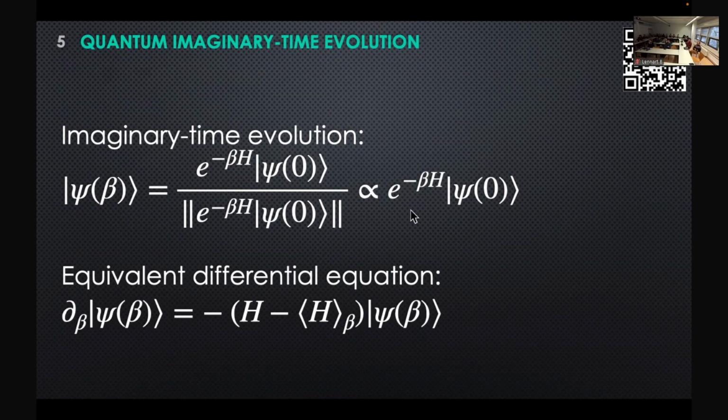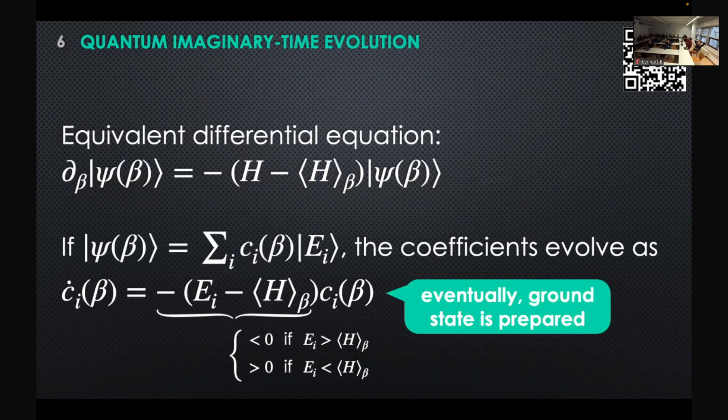Because this is not a unitary operator, we should normalize the state with this factor. If you differentiate this whole thing with beta, you get this differential equation where the state is evolved by this generator, minus H plus the average of H, where the average is psi beta H psi beta.